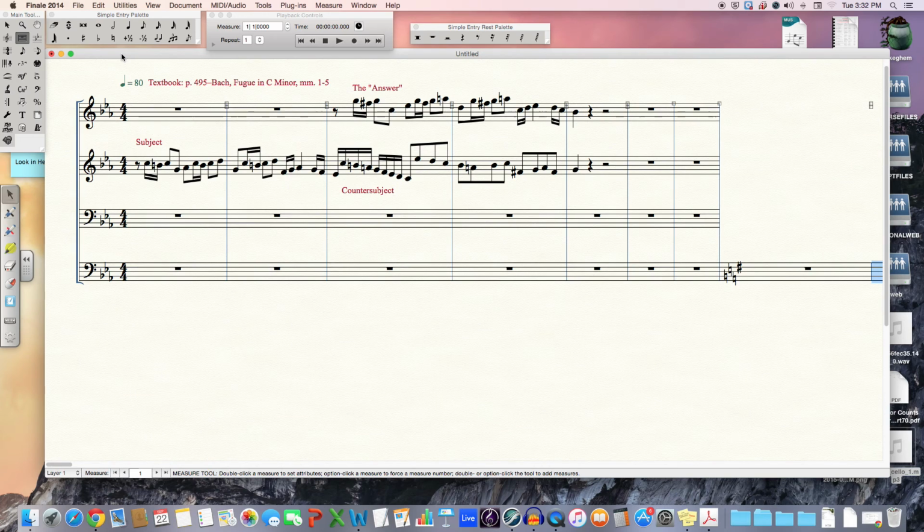The idea of the motive and the subject being the primary material that makes a piece like the invention or the fugue spin out. So what you have here is the example that she brings up in the book, a fugue in C minor. I've put it into Finale so that you can see it clearly here.